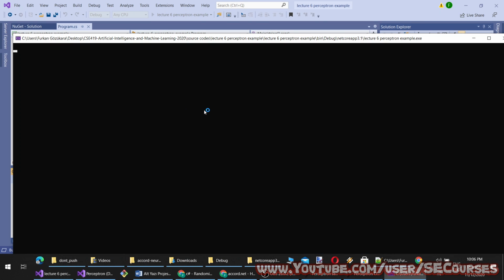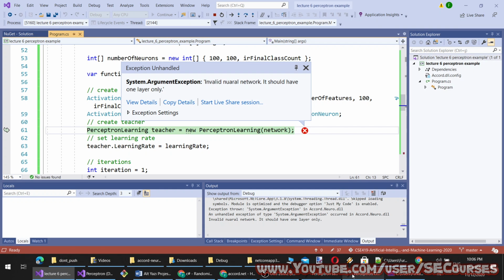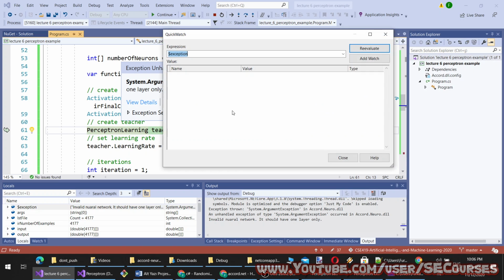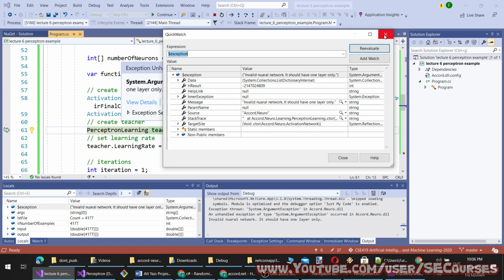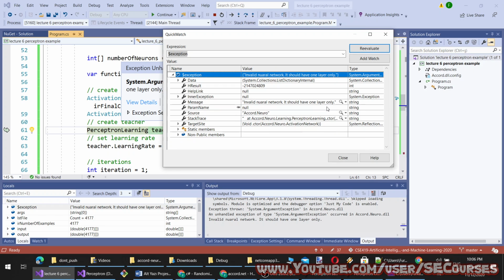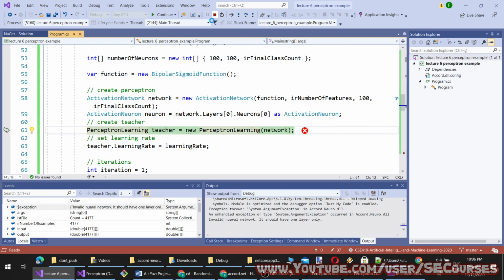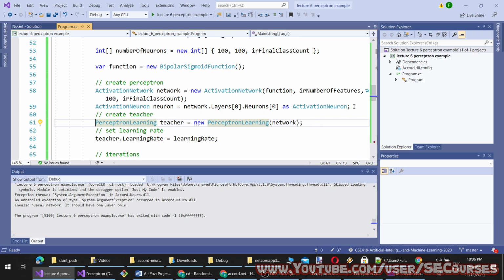Oh, I need to change activation perhaps. Let's change this activation neuron and let's make this 1.